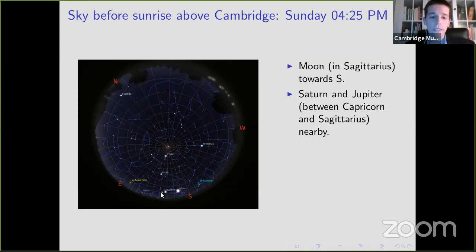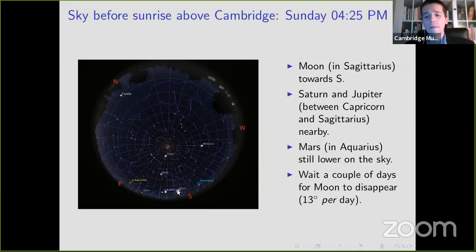Saturn and Jupiter are between Capricorn and Sagittarius, so they are also near the moon and 10 degrees above the horizon. Mars is in Aquarius, that irregular constellation. It is still lower in the sky, so it may be difficult to see in urban environments, or if there is something blocking the horizon.